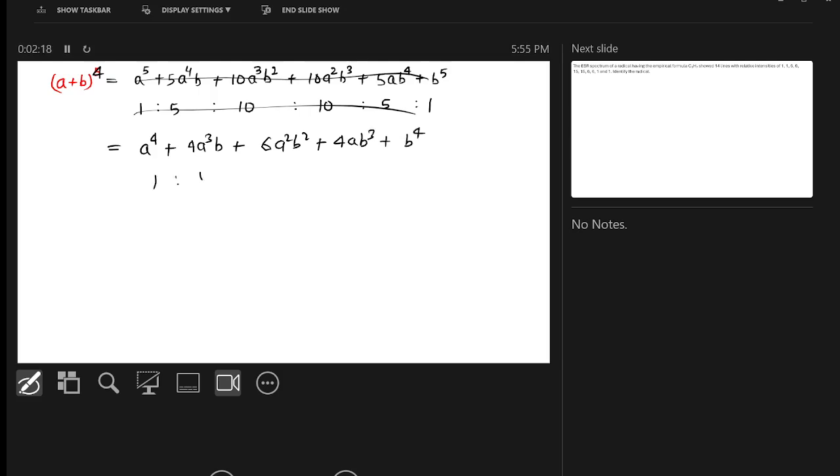So 1 is to 4 is to 6 is to 4 is to 1. Sorry, if we are getting 5 transitions, then we have to write (a + b) to the power 4.